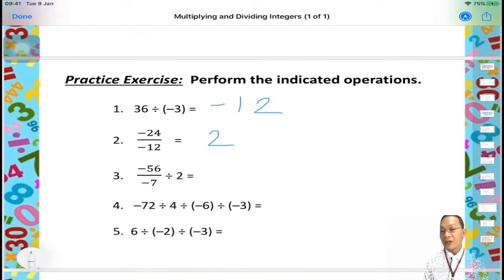Okay, you answered them correctly. Number 2 is 2 and number 3 is 1. What's the answer for number 3? Okay, Bill, you're very fast. Bill answered 4, correct? The answer for number 3 is 4.